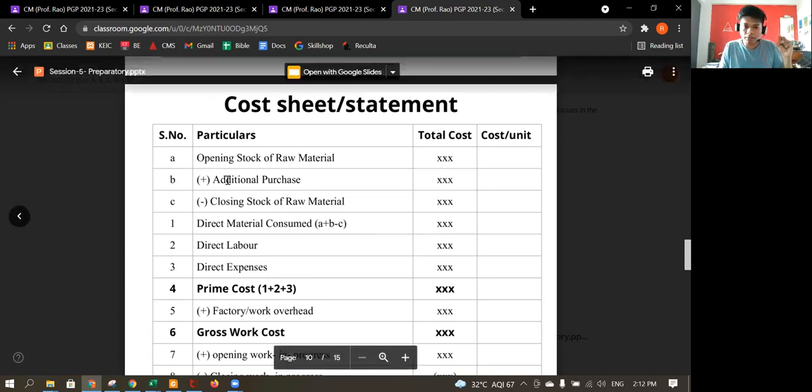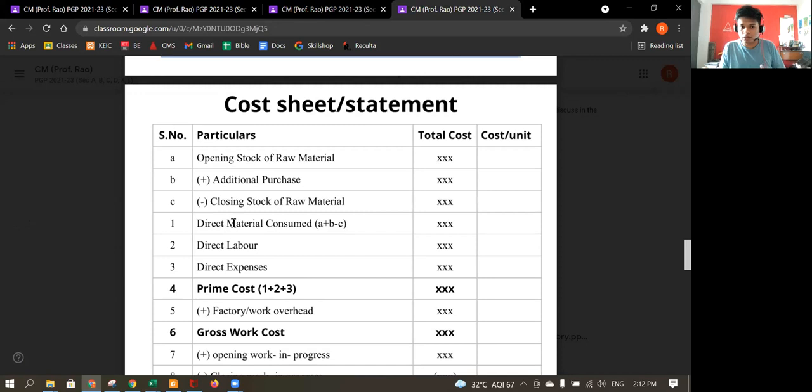So opening plus purchase minus closing equals material consumed. Add to that direct labor, any wages in the factory directly attributable to the cost. Direct expenses are also directly attributable. So direct material, direct labor, direct expenses make prime cost.